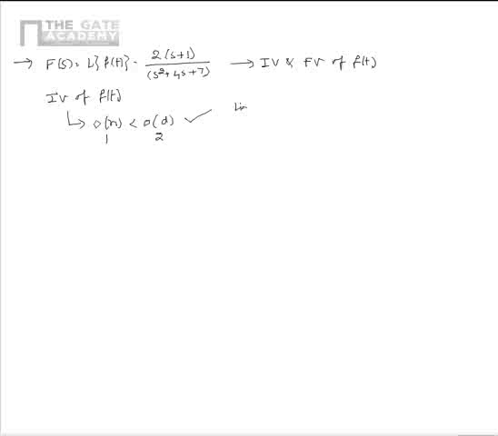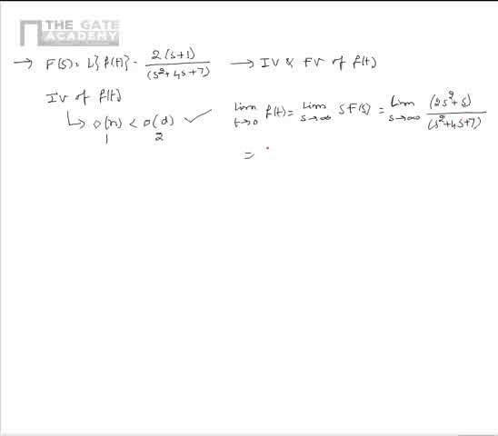From this, the initial value is limit t tends to 0 f of t is equal to limit s tends to infinity s into F of s, which is limit s tends to infinity 2s square plus s divided by s square plus 4s plus 7.